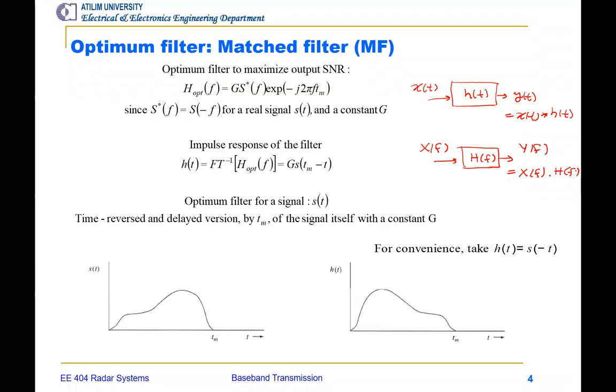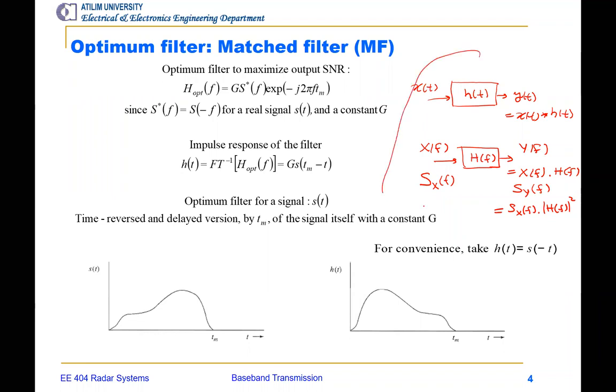We talk about random processes. If there is randomness in the received signal, then we can write power spectral density. So then the input power spectral density will be Sx of f, and the output power spectral density is Sy of f, and Sy of f is equal to Sx of f times the magnitude squared of the transfer function of the filter.